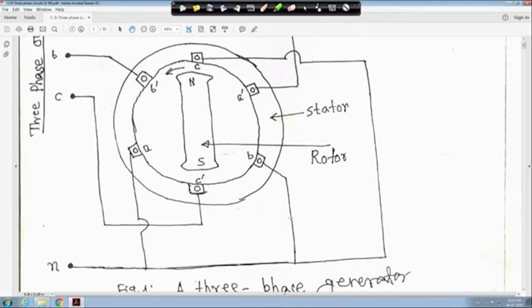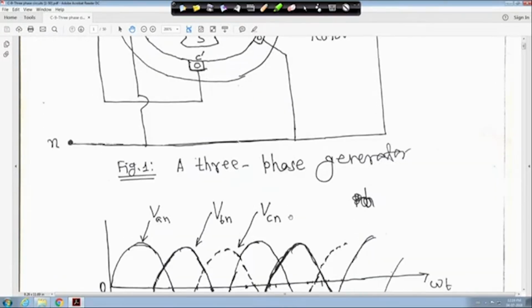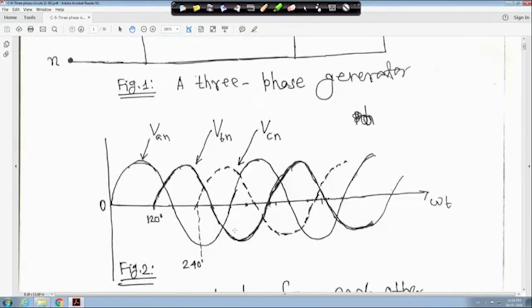AN, BN, CN we will call phase voltages. So what will happen if we follow VAN, then VBN, it is moving like this in the anti-clockwise direction, right? VAN is moving like this. Then VBN, I told you they are 120 degree apart physically, right?